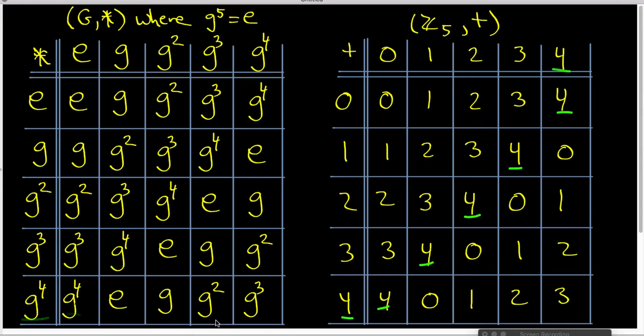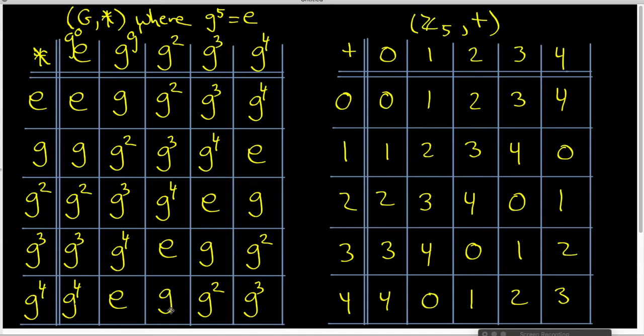In other words, the structure of the two tables is the same. The only thing that is different is that over here in the table on the left, we've got additional notation for the g's, and over here we've just got the exponents. That's really all the difference is, because after all, these e's are all g to the zeros, and the g's themselves are all g to the ones.